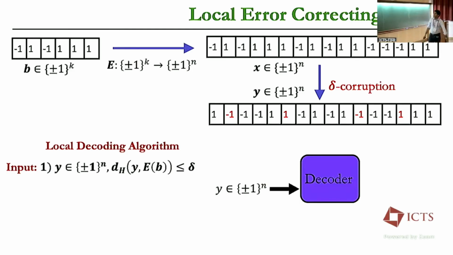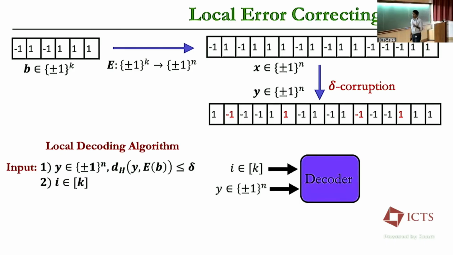Now, what does the local decoding algorithm do? In addition to taking the corrupted code word y as an input, it also takes a single index. You should think of it as: I don't care about decoding the whole message at the moment. Just tell me what the ith bit of the message was. That's the local part. I only want to decode one bit.